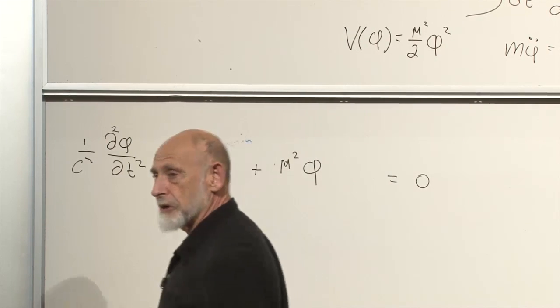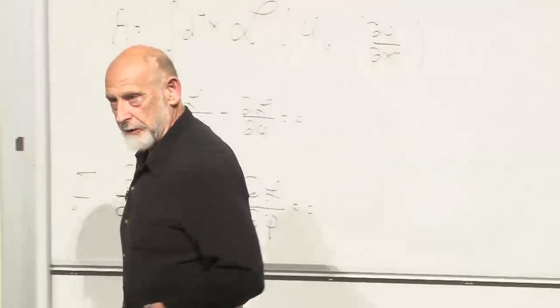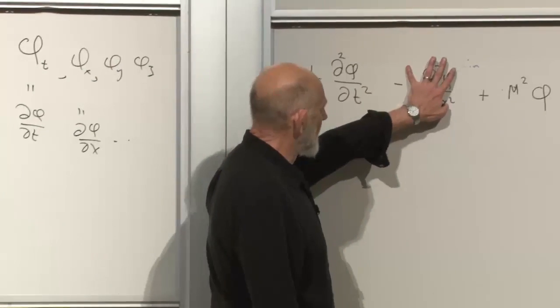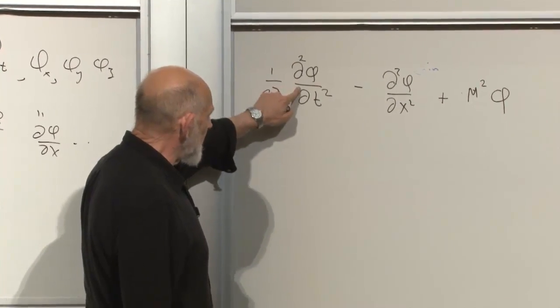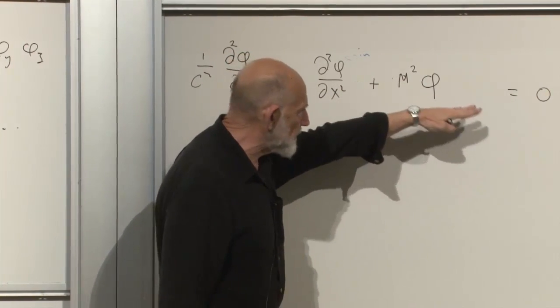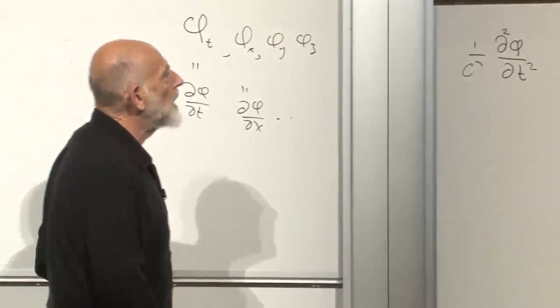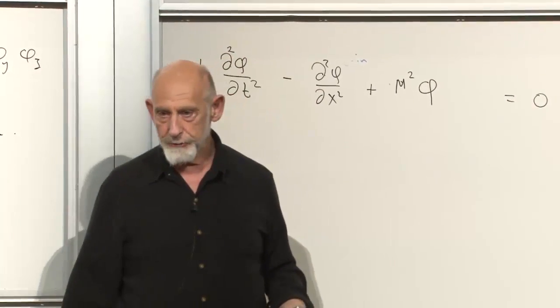You might think of this as a higher dimensional version of a harmonic oscillator. If this term weren't here, it really would be just a harmonic oscillator. Acceleration plus a coefficient times displacement equals 0. It'll be an ordinary harmonic oscillator. Now this makes it more complicated. It's some sort of wave-like motion.